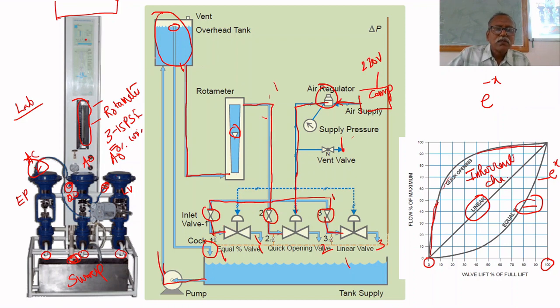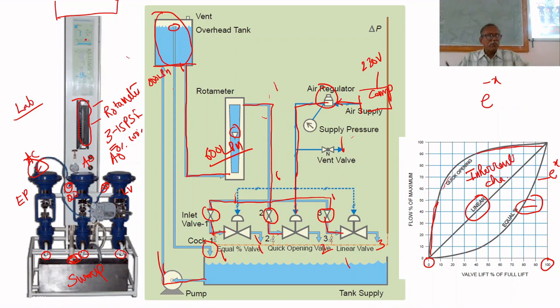Already I told you that this tank always gets an inlet in excess of the requirement. Suppose this valve can give an outlet of 600 LPM, liters per minute, it can drain maximum, and this pump will pump about 800 or 700 LPM.